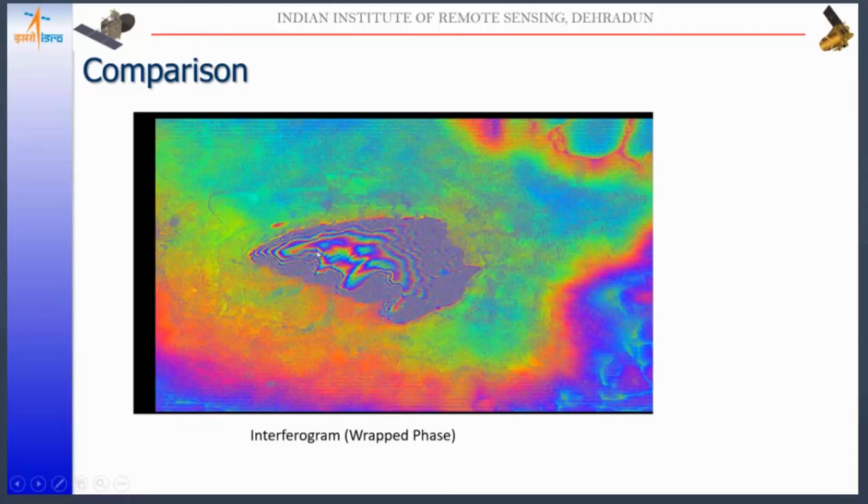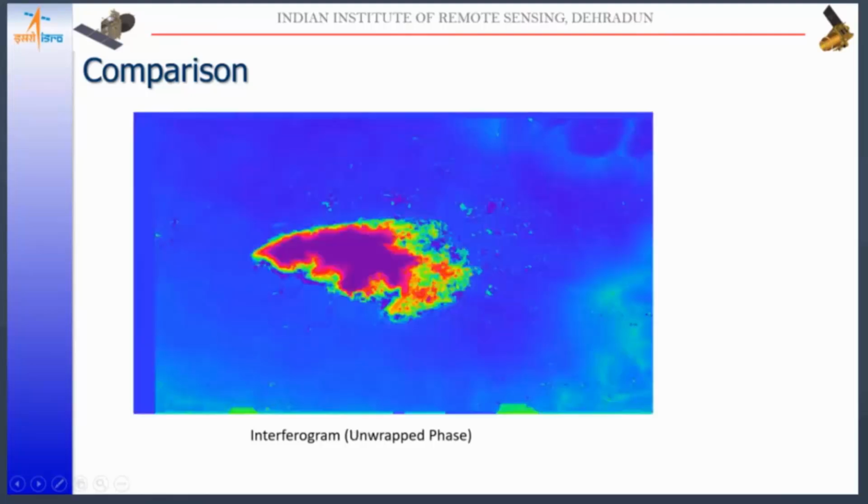After the phase unwrapping, all those small fringes, which are wrapped around 0 to 2 pi, are gone, and the result gives the true terrain variations. This is the variation given by the true terrain surface. So that is the unwrapped phase.